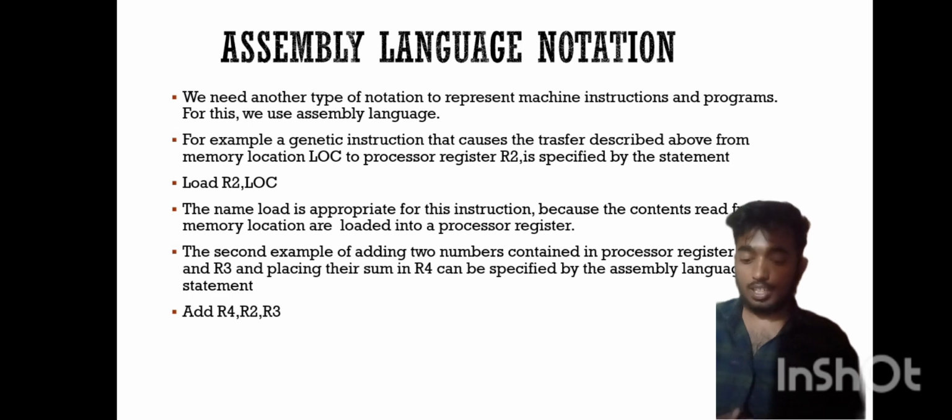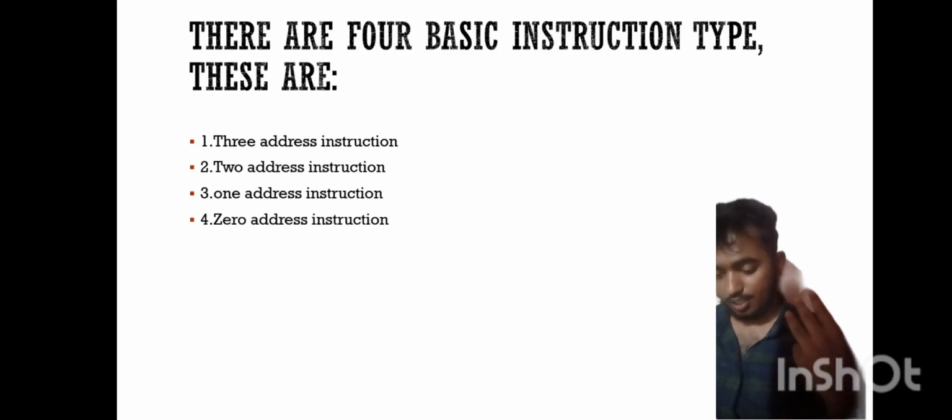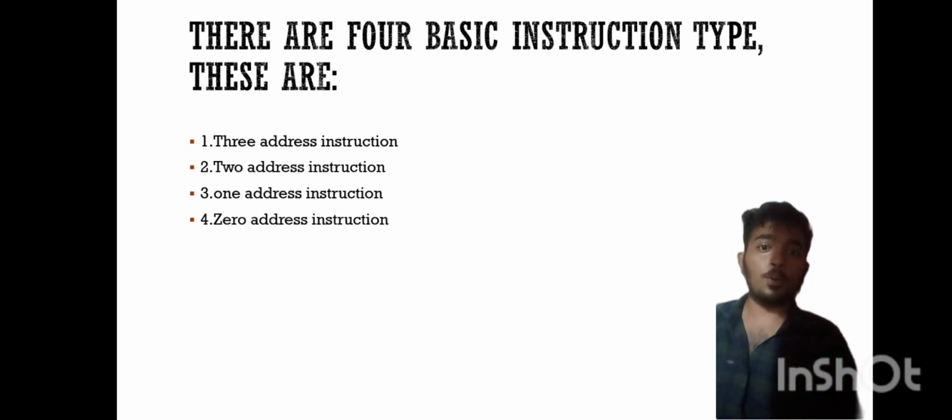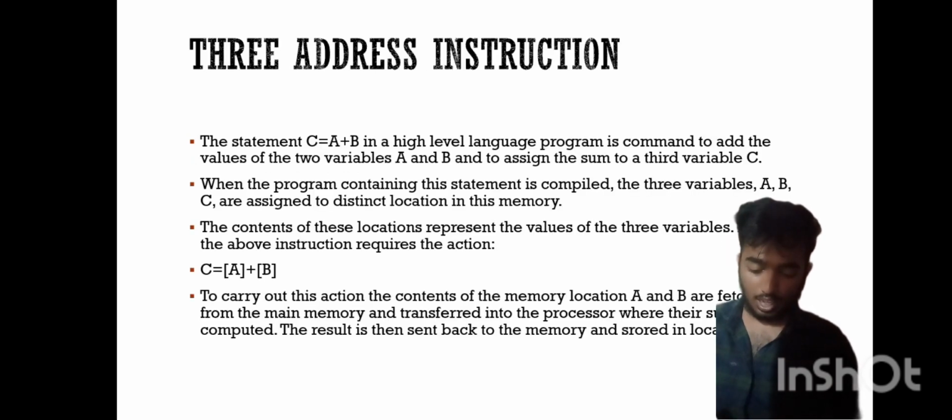The basic instruction types are the three address instruction format, two address instruction format, one address instruction format, and zero address instruction format. In the three address instruction format, C equals A plus B is a high level instruction to add the values of two variables A and B and assign the sum to a third variable called C. When the statement is compiled, each of these variables is assigned to a location in the memory.